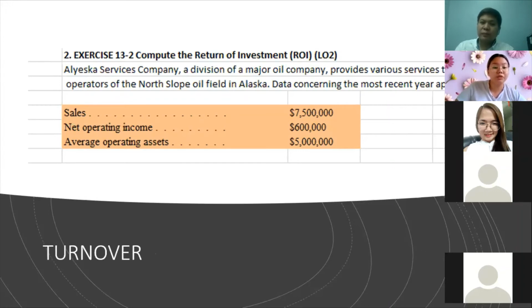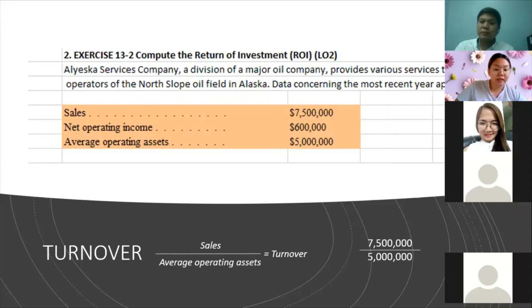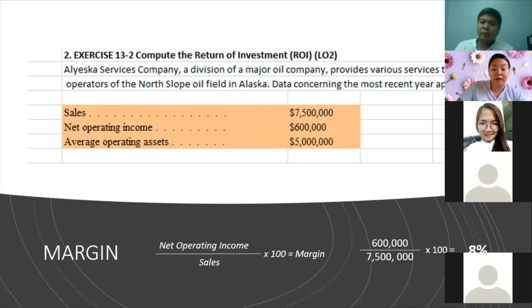And then for the turnover, we have sales over average operating assets equals turnover. So that is 7.5 million US dollars, which is the sales, over the 5 million average operating assets, which is 1.5. So turnover is 1.5, and we have the margin of 8%.